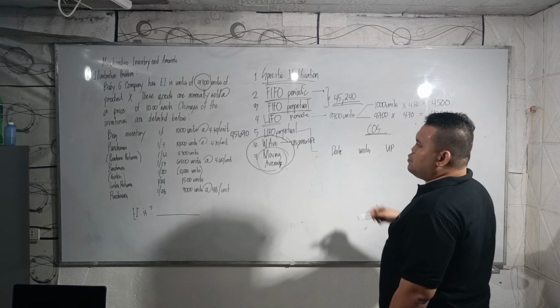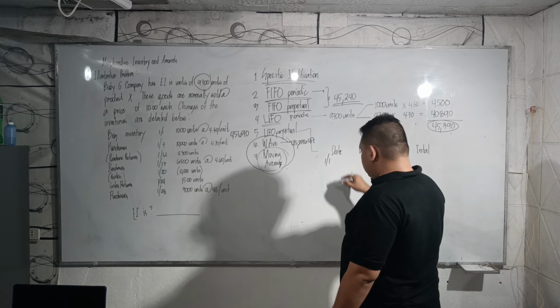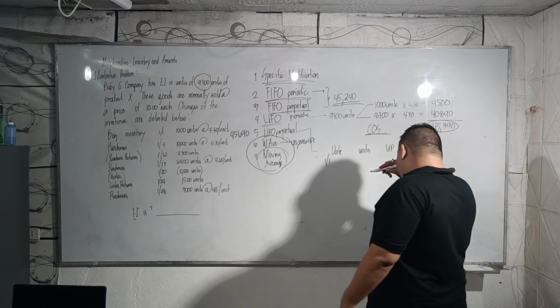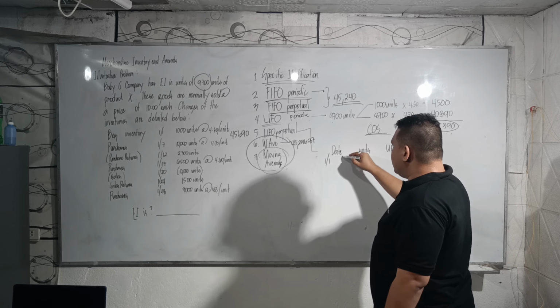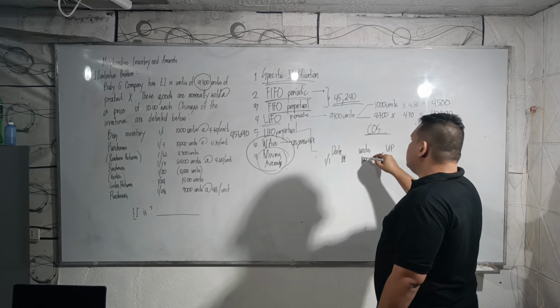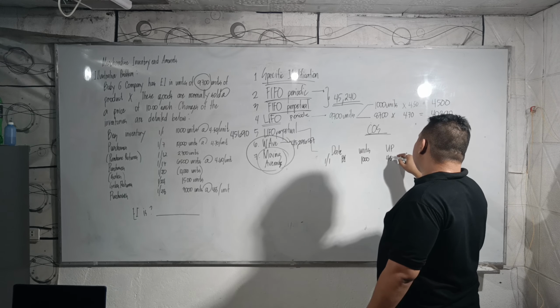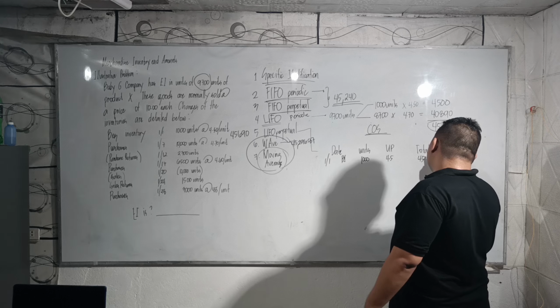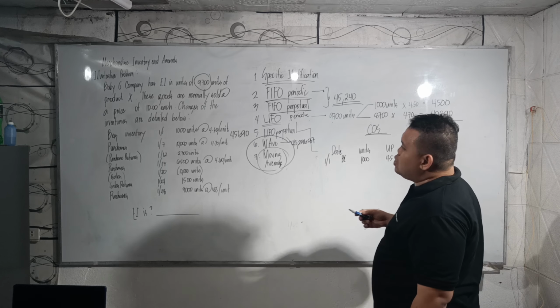So for example, on January 1, that's beginning inventory, right? Let's put on 1,000 units, and then that's 4.5, so that's 4,500. There is no problem at all.